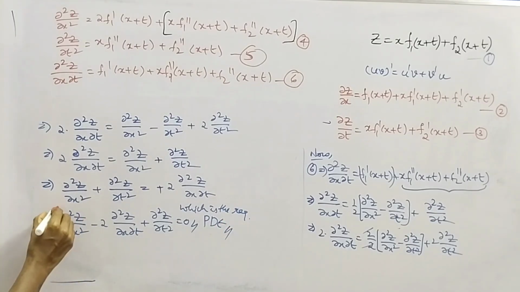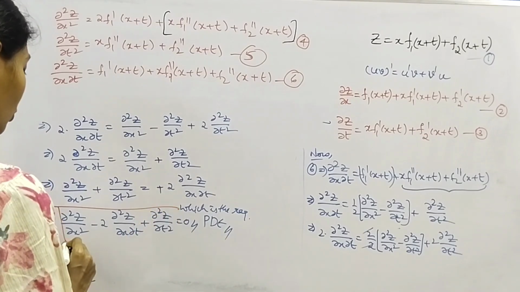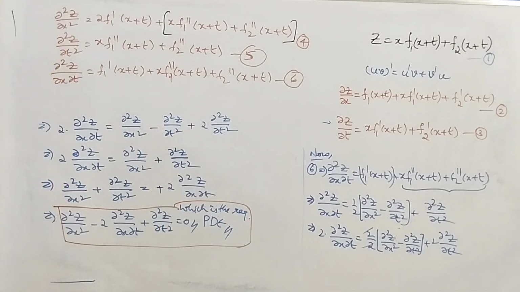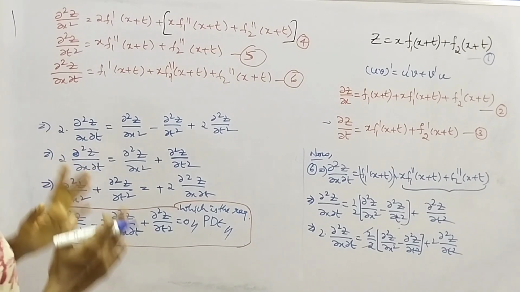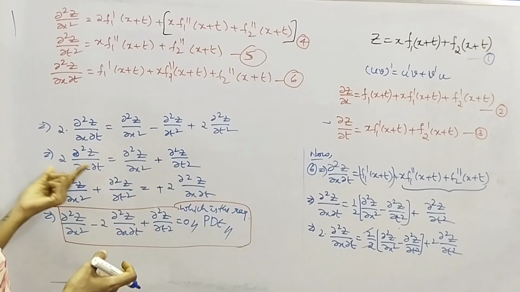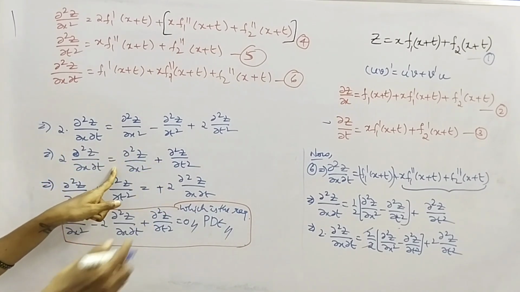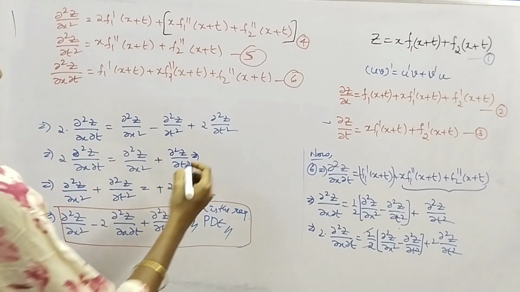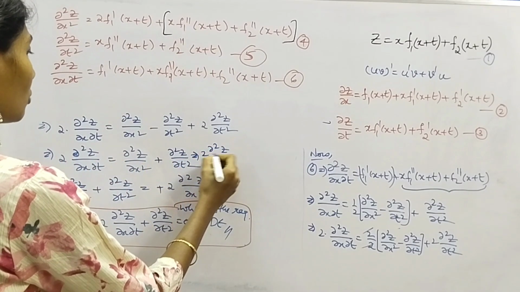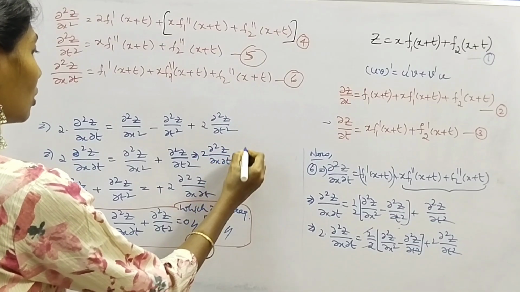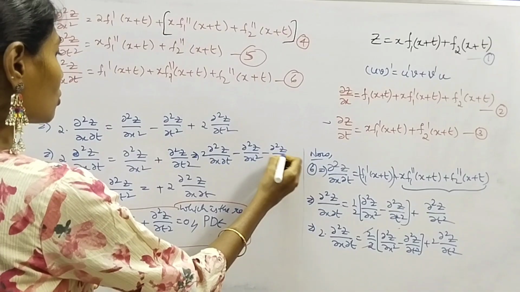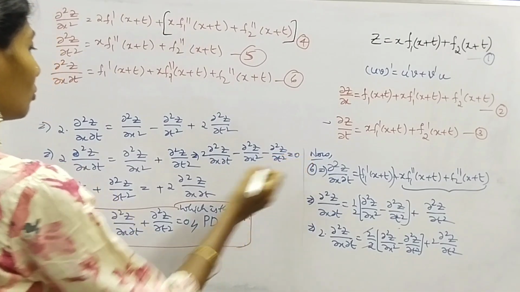So you got the partial differential equation. If we don't want to shift this to LHS and this to RHS, we can write the same thing as, just bring these two terms to LHS, then you'll get 2 ∂²z/∂x∂t minus ∂²z/∂x² minus ∂²z/∂t² equals 0.